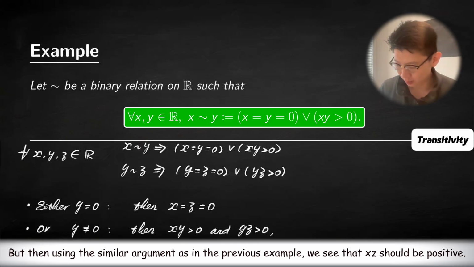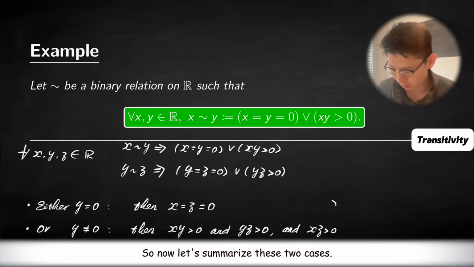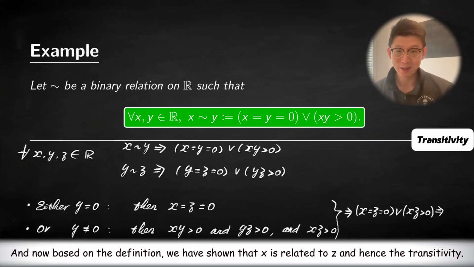But then, using a similar argument as in the previous example, we see that xz should be positive. So now let's summarize these two cases. We have actually shown that either x and z both vanish, or xz is positive. Based on the definition, we have shown that x is related to z, and hence the transitivity.